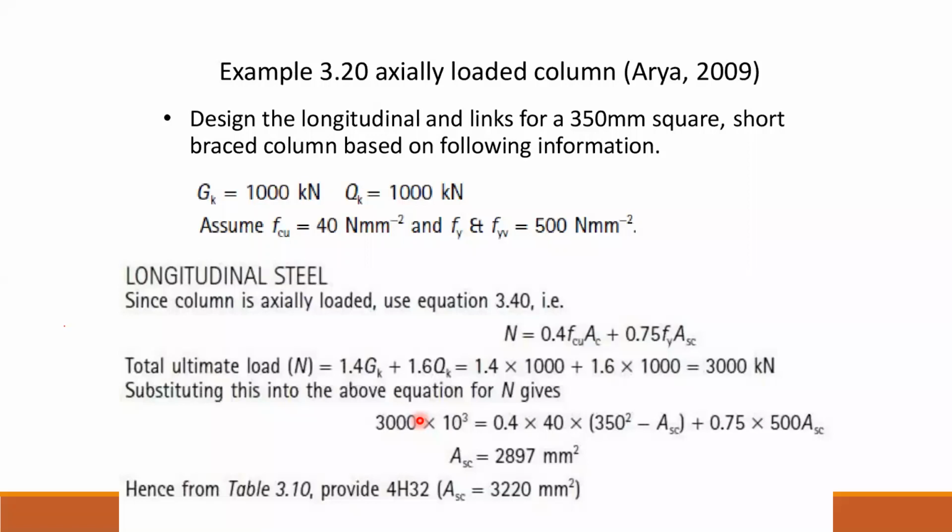Then once you know the 300 kilonewtons, you can substitute here, and assume that the area is 350 by 350 square. So you know the AC is 350 by 350. The only thing now is you need to find the ASC. But even this ASC is a small one, so you can avoid it in the calculation, or else you can keep it as it is.